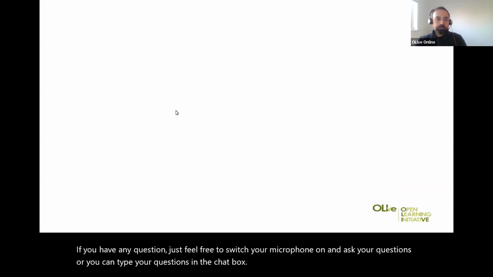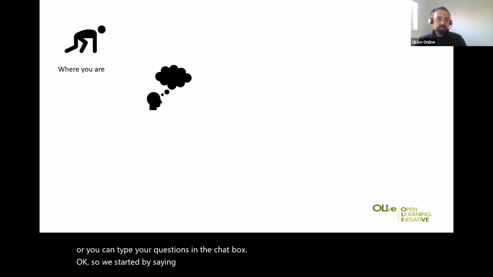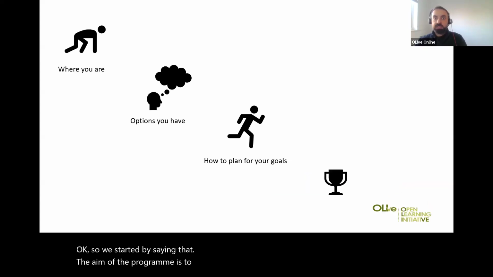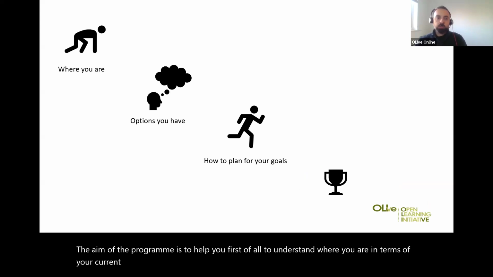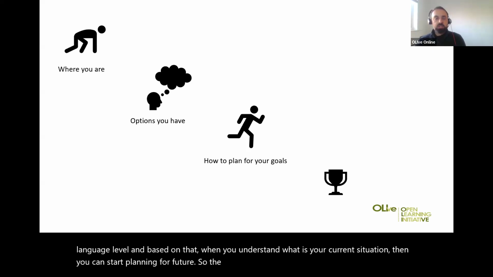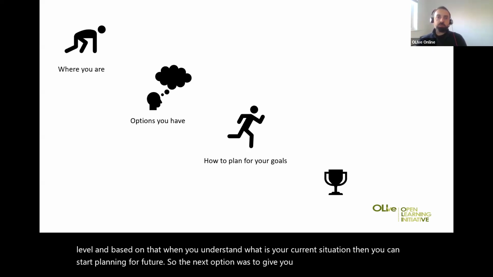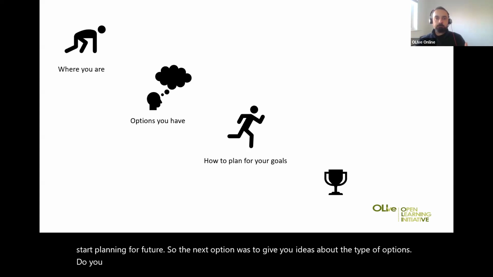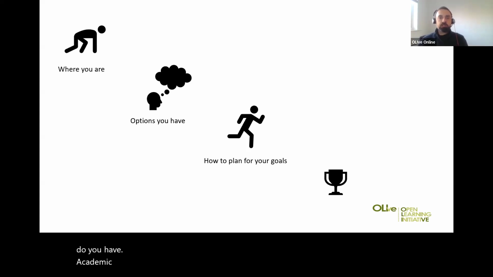So we started by saying that the aim of the program is to help you, first of all, to understand where you are in terms of your current situation, your qualifications, your work experience, and then your language level. And based on that, when you understand your current situation, then you can start planning for the future. So the next step was to give you ideas about the options you have: academic options, vocational training, and work experience.